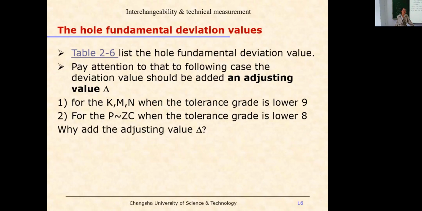I give you the PDF from the group. We are using the book, the PDF I gave you in the first class, because there are some standard tables.